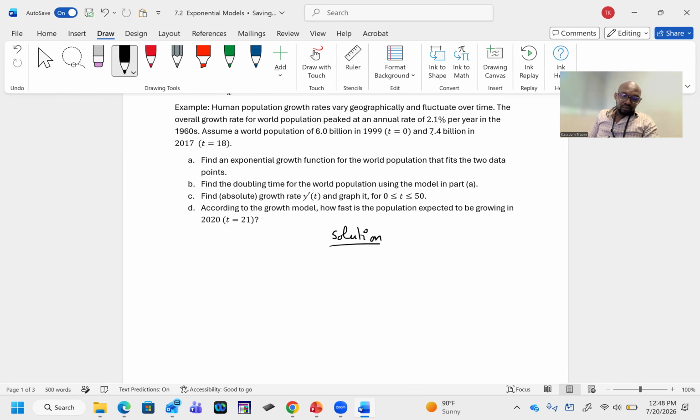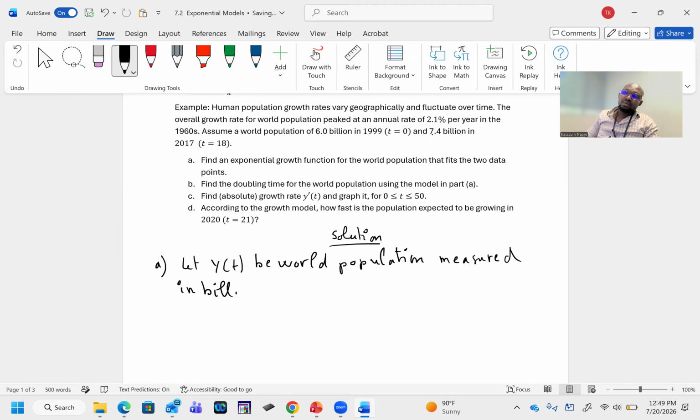I'll say let y(t) be world population measured in billions of people, t years after the year 1999.